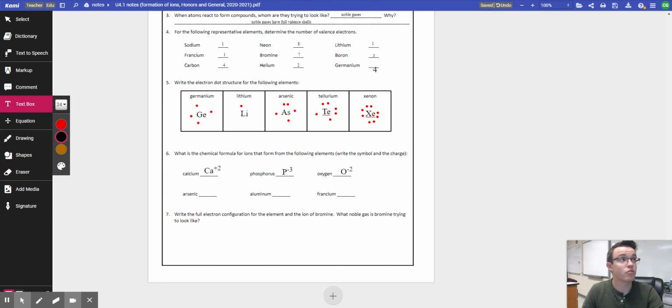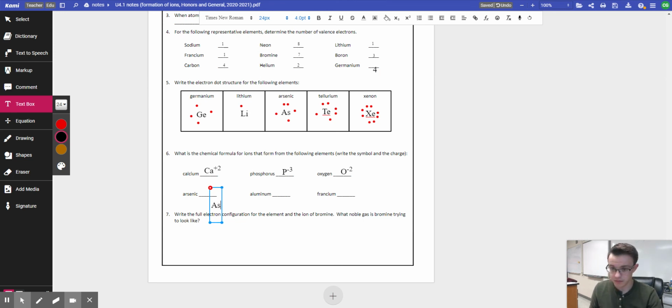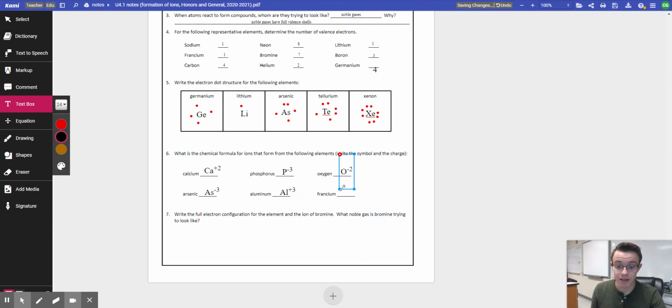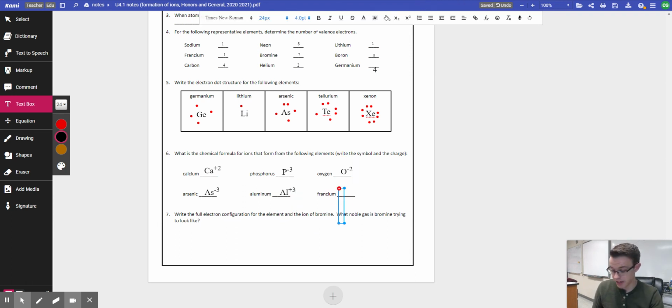Arsenic is in group 5A. So it's going to have a -3 charge. Aluminum is in group 3A. So it's going to have a +3 charge. And francium is in group 1A, meaning it's going to lose 1 electron and have a positive.